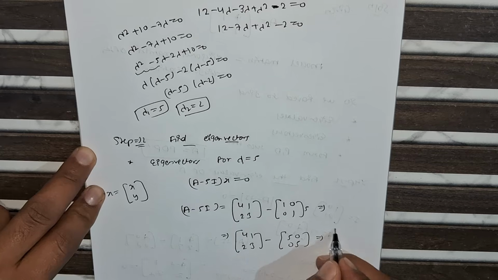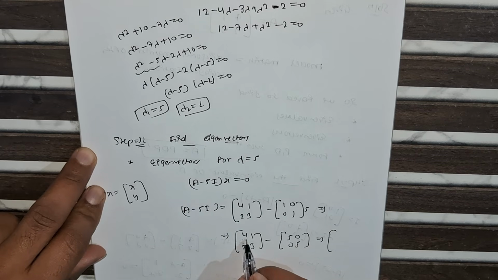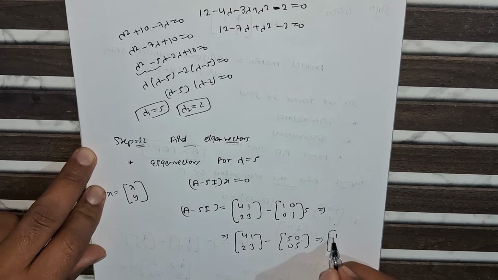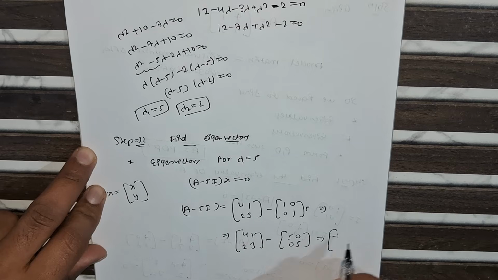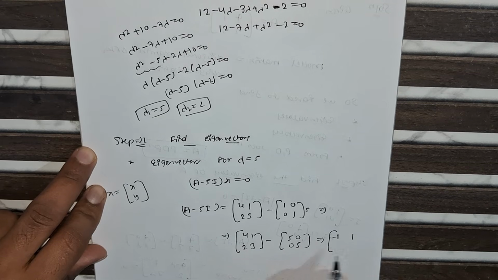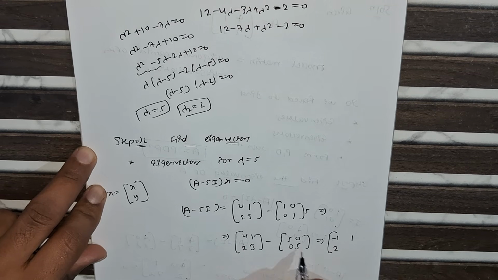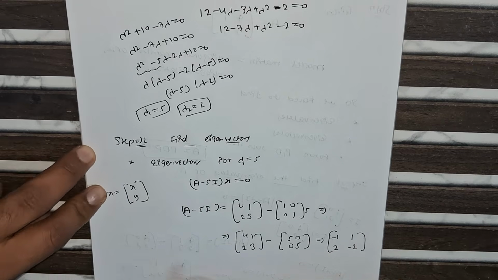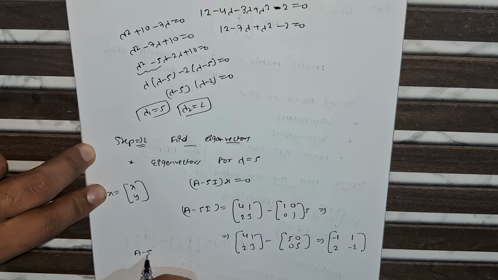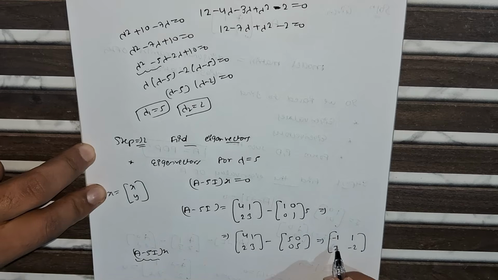After subtracting from A, it becomes 4 minus 5 equals minus 1, 1 minus 0 equals 1, 2 minus 0 equals 2, and 3 minus 5 equals minus 2. So the value of A minus 5I is [minus 1, 1; 2, minus 2].